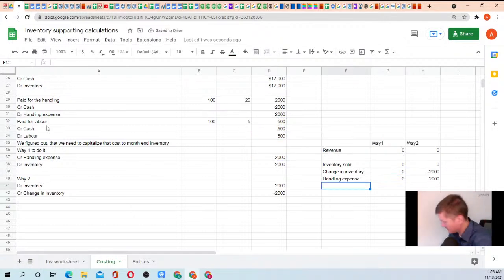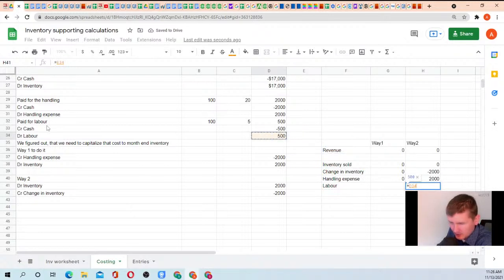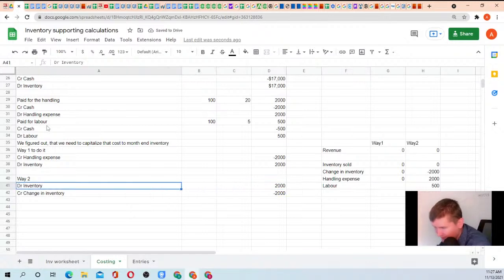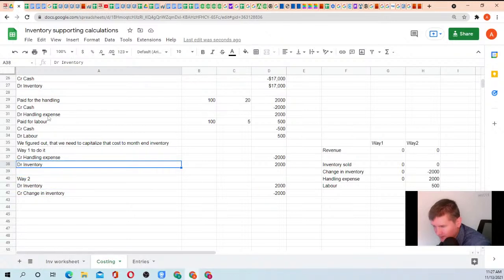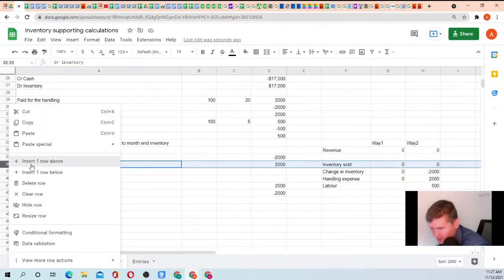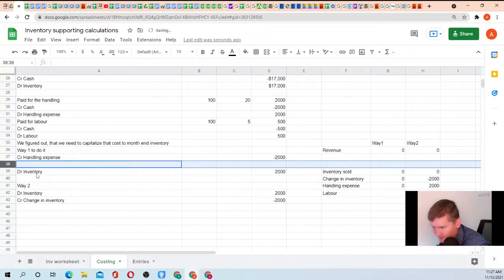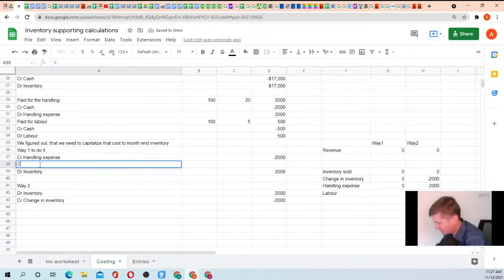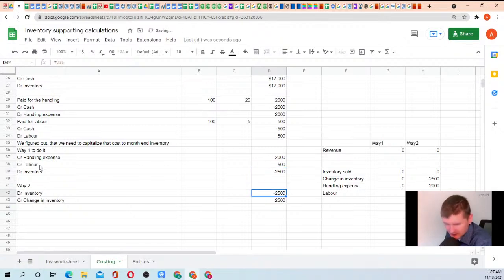So if we add labor here in this presentation, we will show labor expense, debit inventory. Let me add it here one by one. Credit labor 500, 2500.